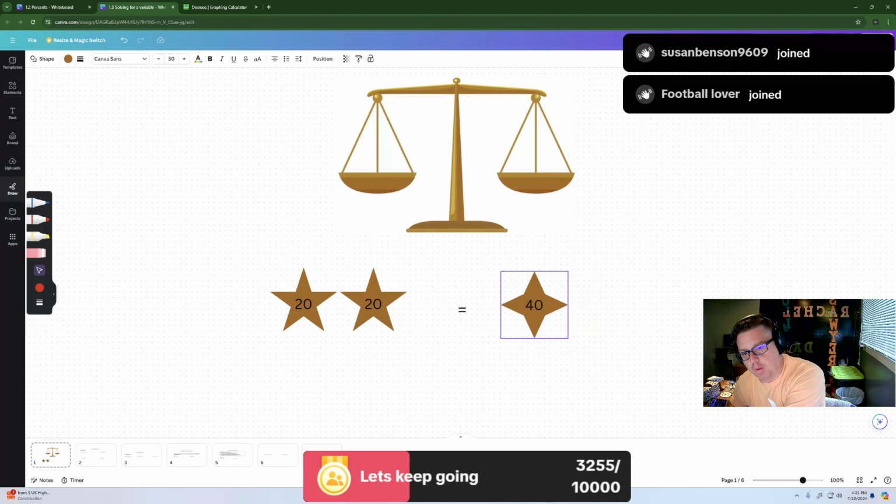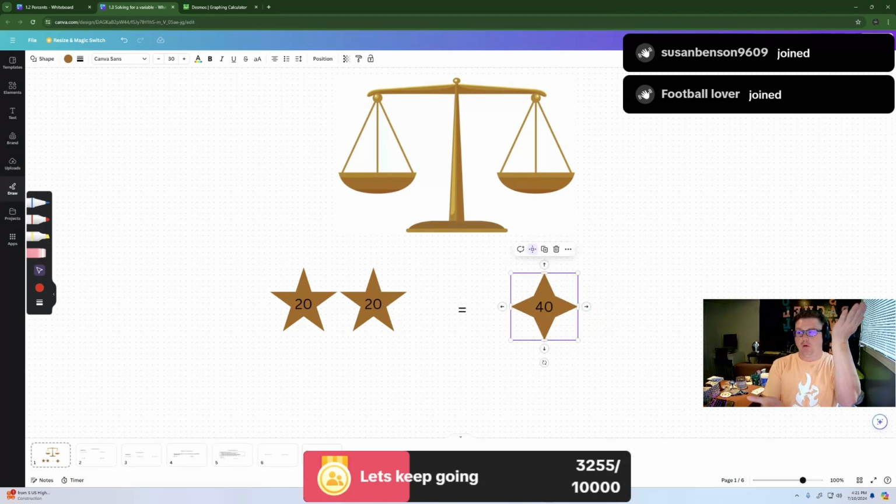Well, we've got to come up with some ideas to balance off the side so that we go, okay, now we're back to an even playing field. That's what solving for a variable is doing in a mathematical sense. We're balancing the scale. Okay, so when we look at these problems, that's ultimately all we're trying to do: figure out what weight needs to go on the other side in order to balance out our scale.